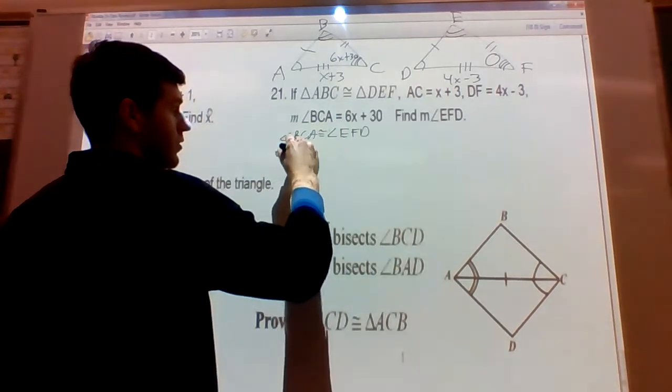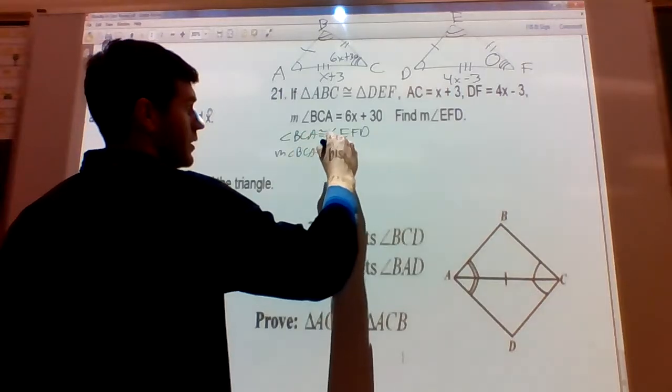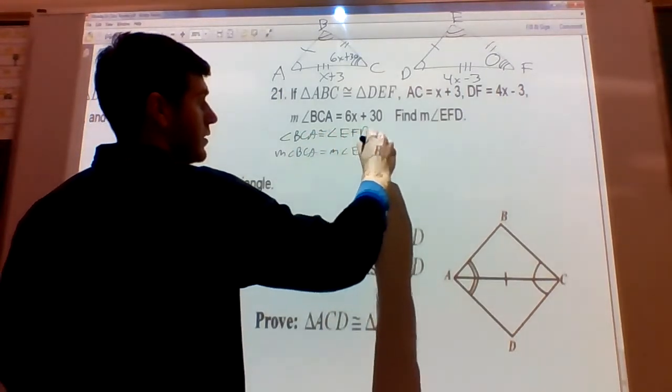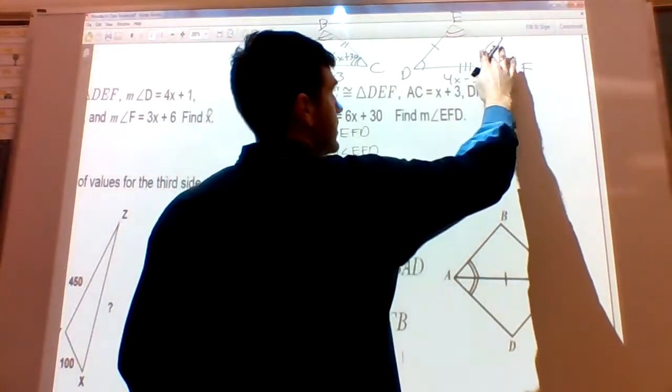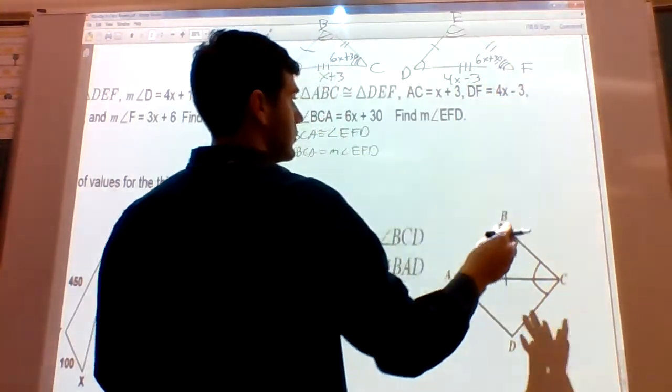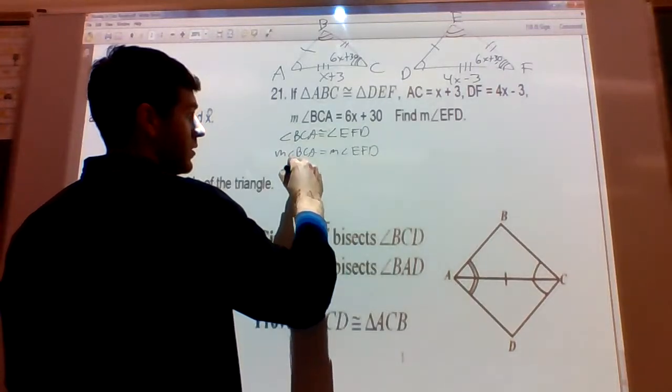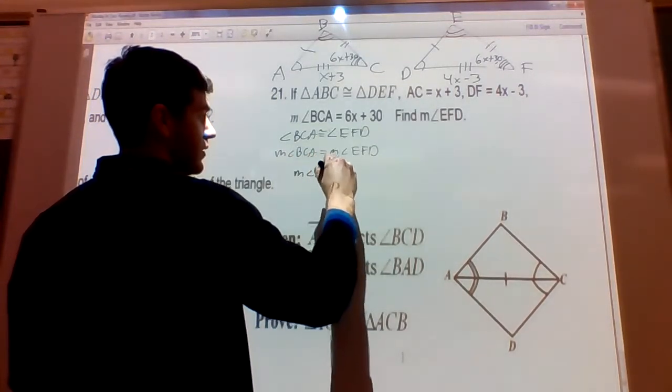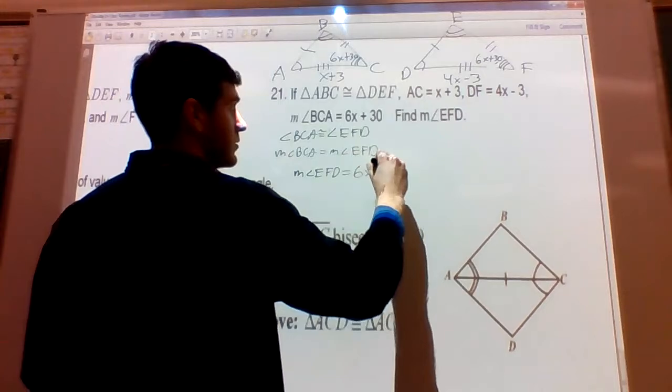So we know the measure of angle BCA is going to equal the measure of angle EFD. So we know the measure of angle EFD is 6x plus 30.